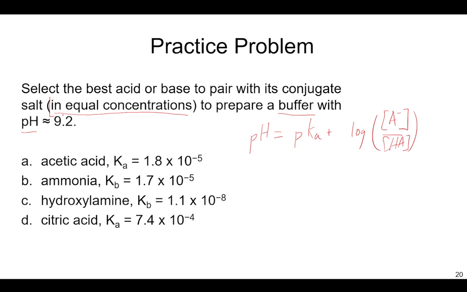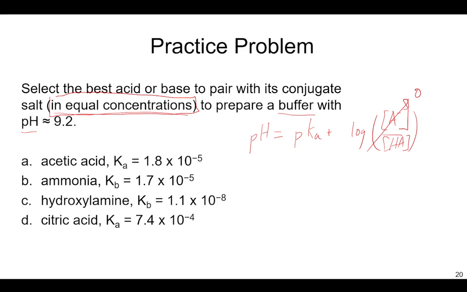And if it says there are equal concentrations of this conjugate acid and base, then we know the numerator and denominator here are equal. So 10 over 10, for example, or 5 over 5, all of those ratios are just 1, and log of 1 is 0.